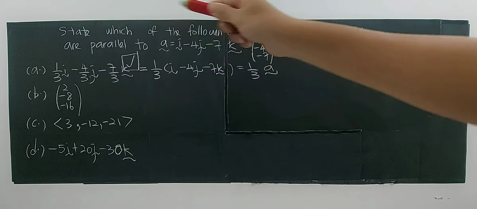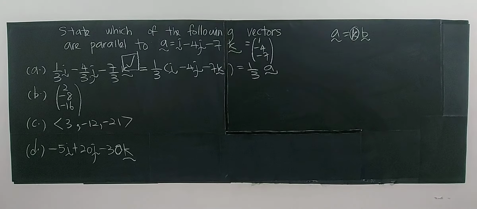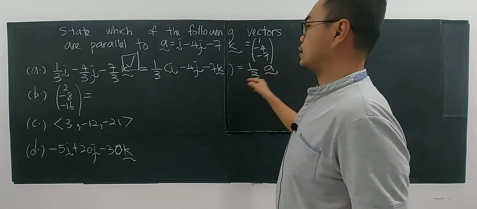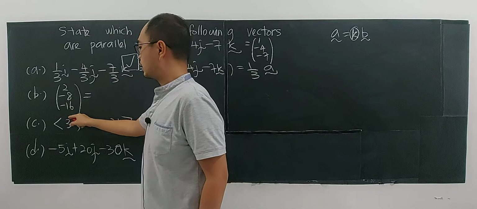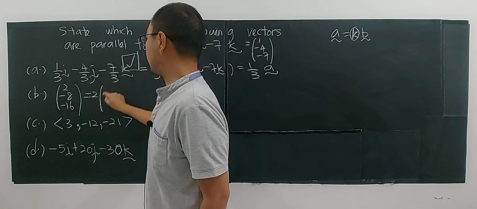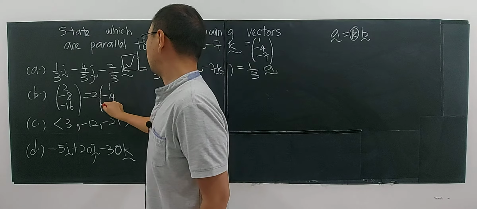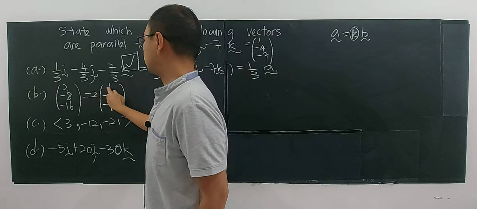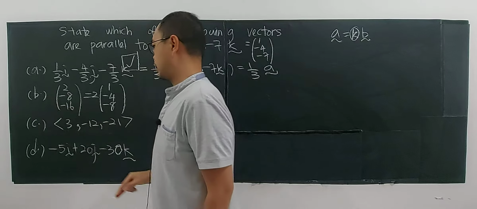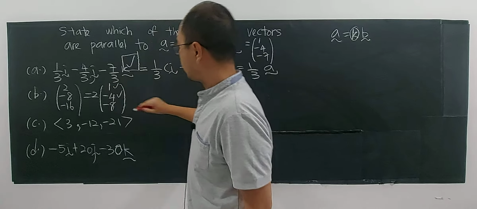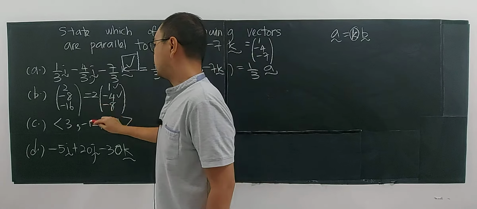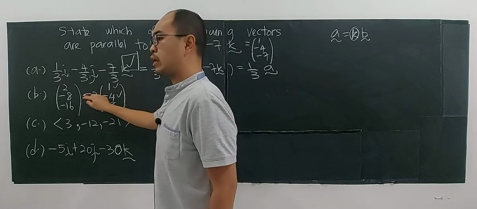See whether it can be rewritten in the form of this vector or not. Now we refer to this column vector here. We can factorize the 2. If we factorize the 2, we have 1, -4, -8, right? 2 times 1, 2 times -4, 2 times -8, -16. 1, -4 is okay, but -7 means that this is not, all right?